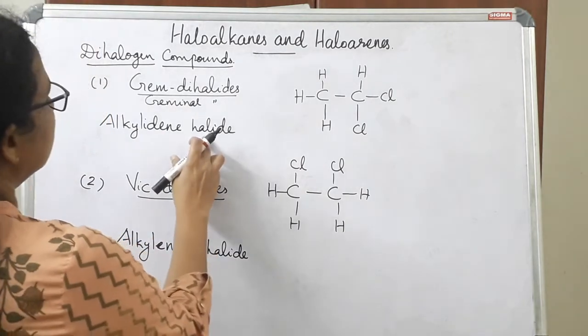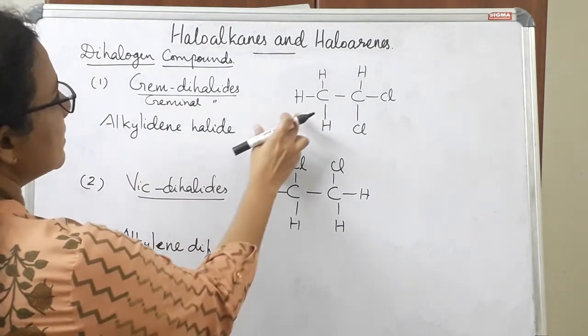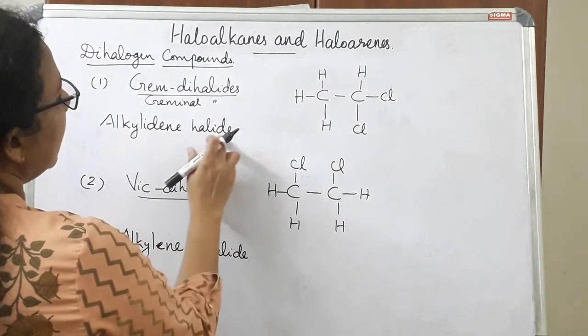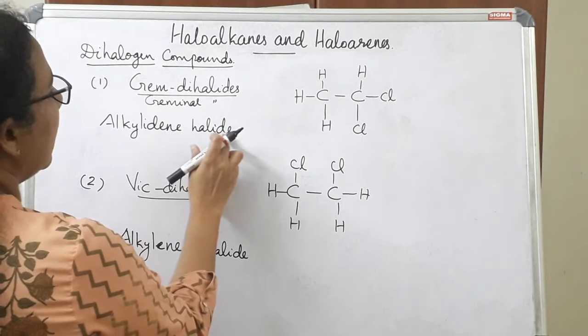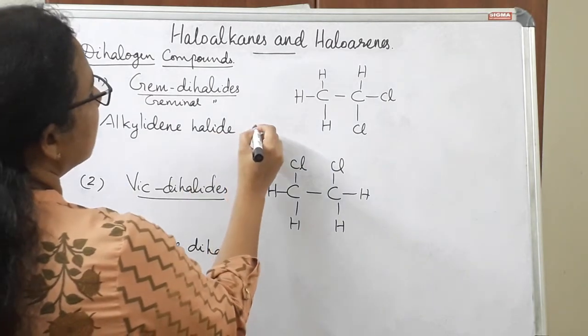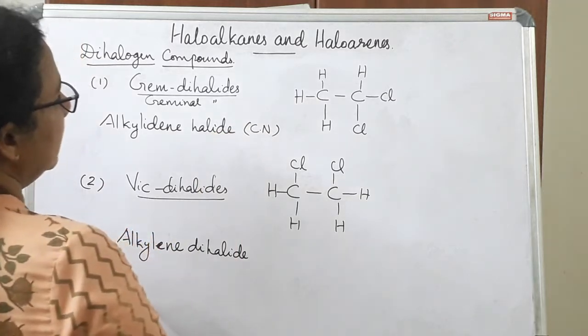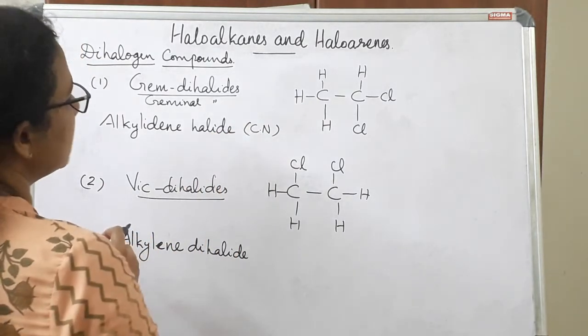The common name, we can name this compound as alkylidene halide. So alkylidene halide is the common name. In this format we can write the common name of this compound.